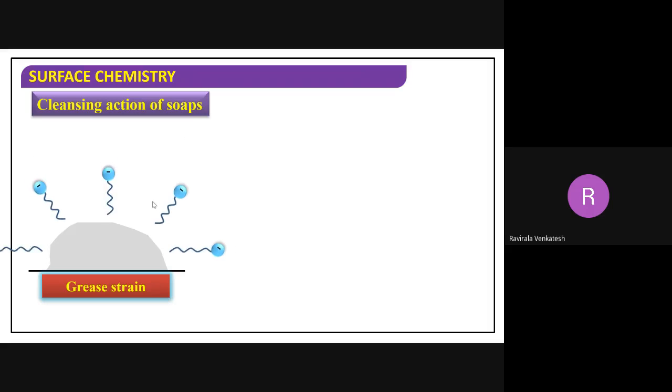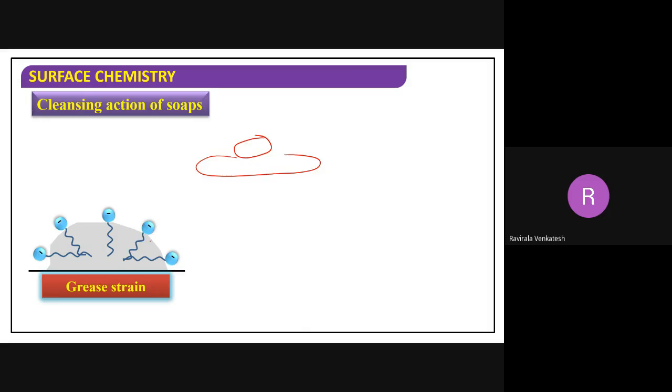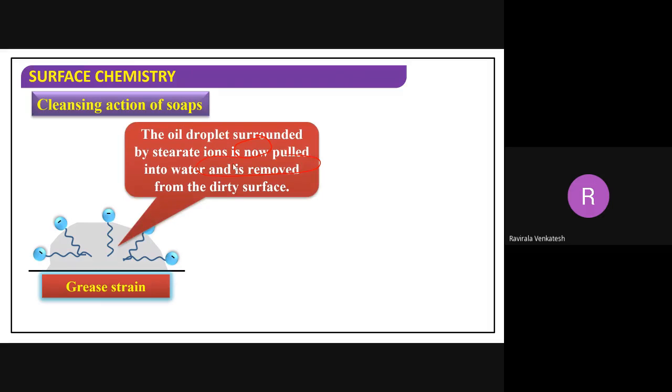The micelle forms like this: the head part is away, and the tail part is towards the center. Since I told you the head part is a polar part, it will attach with water, whereas the tail parts are non-polar. They are away from water actually.